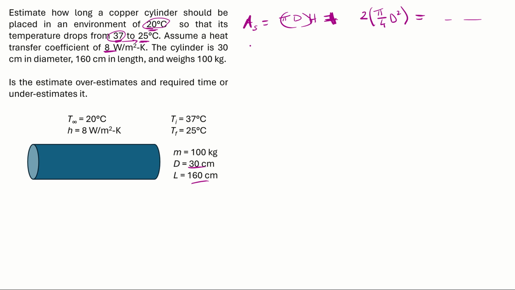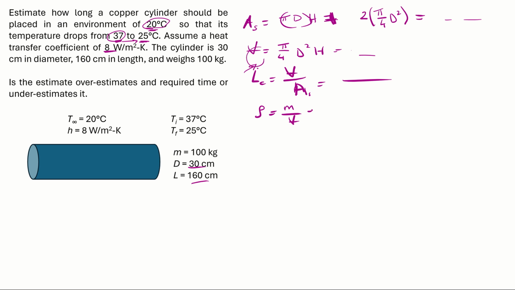So you have this number, and the volume is just pi over 4 d squared h, and you have the characteristic length, which is just the volume divided by the surface area, and you have rho, which is the mass divided by the volume: 100 kilograms divided by the volume.